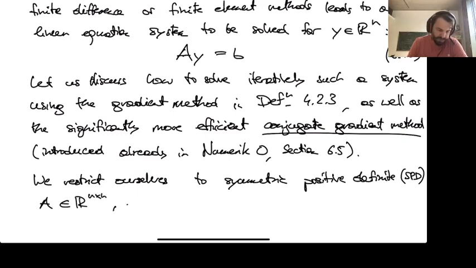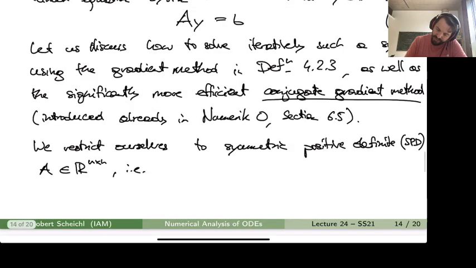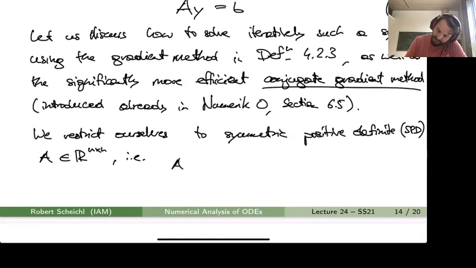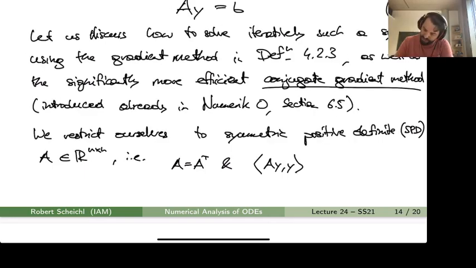In other words, the matrix is symmetric, so A is A transposed, and if I take the Euclidean inner product of Ay with y, then that is strictly bigger than 0 for all y in Rn except 0. So this is the symmetry, and this is positive definiteness.